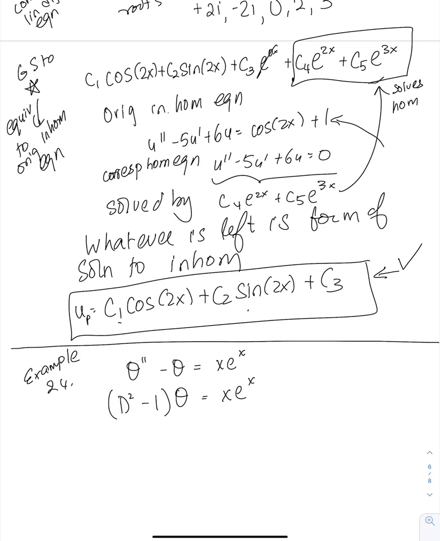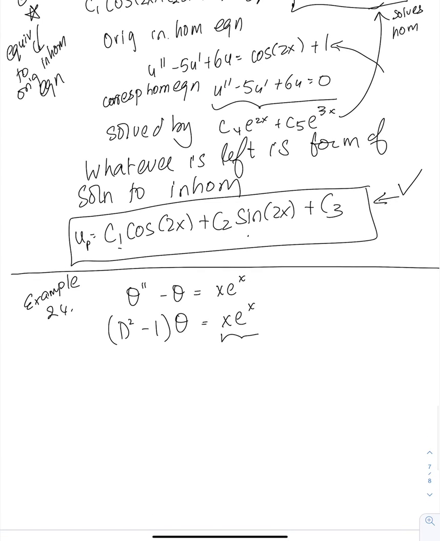When you write 1, it just means the identity, so it's just the function. What annihilates that? You know that 1 is a root because it's e to the 1x. But because of this x, you know 1 is repeated twice.